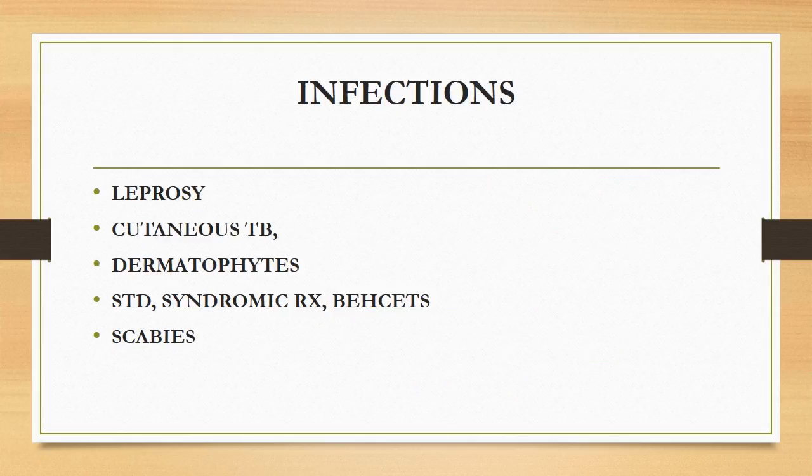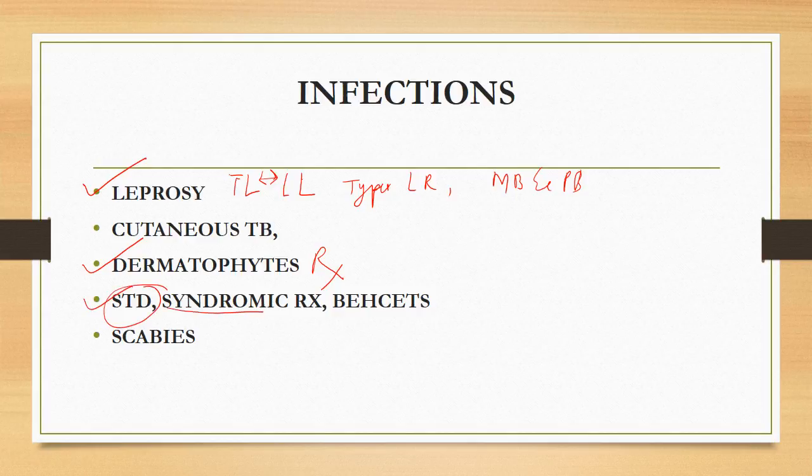Next topic includes different skin infections. Most important from a competition point of view is leprosy. You should be able to differentiate between the tuberculoid form of leprosy and the lepromatous leprosy and the whole spectrum in between. Types of lepra reaction, treatment of multibacillary and paucibacillary leprosy, cutaneous TB and different manifestations, dermatophytes and the treatment in each case, and the types of STDs and syndromic management in STDs.